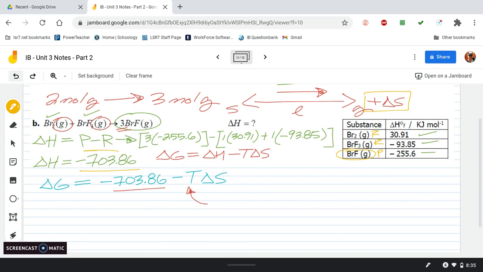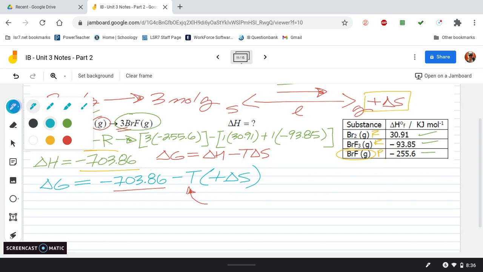All right, so we have verified that this value is a positive number. Do we know the number? No, we don't know the number. We know the sign. Okay, but now let's look at this real quick. What does chemistry like?